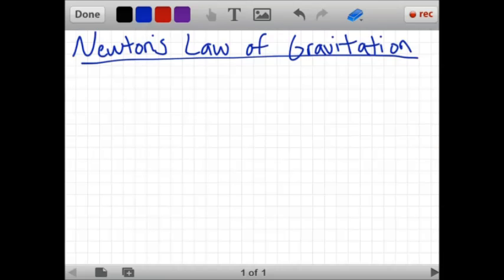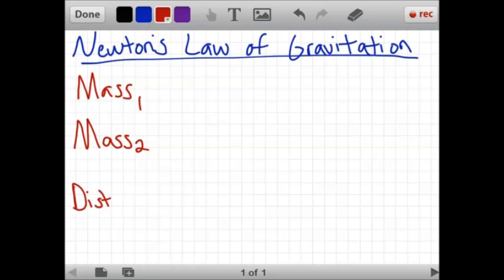So Newton's law of gravitation really comes down to one thing, which is the equation that he came up with. When he was working on this law, he realized that it depended on three things. It depended on the mass of one object, which we'll call mass 1 for now, the mass of the other object, which we'll call mass 2, and the distance separating the two objects.